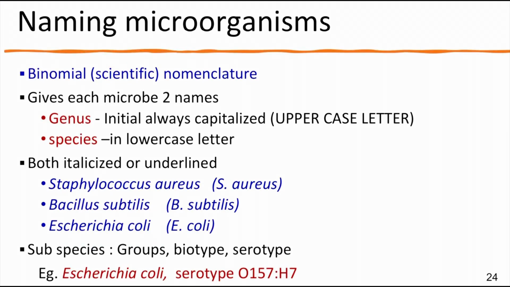Additionally, as people were discovering organisms, there had to be a system not only to classify but to name them. And this is often referred to as binomial nomenclature. It usually gives a microbe 2 names, a genus and a species. Genus is usually written with the first letter capital, and then the second name is usually in smaller letters, and this is italicized.